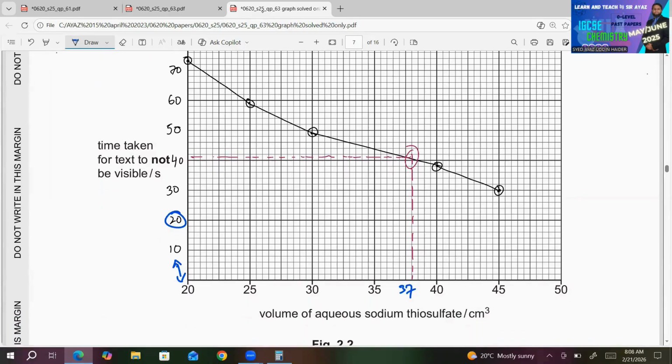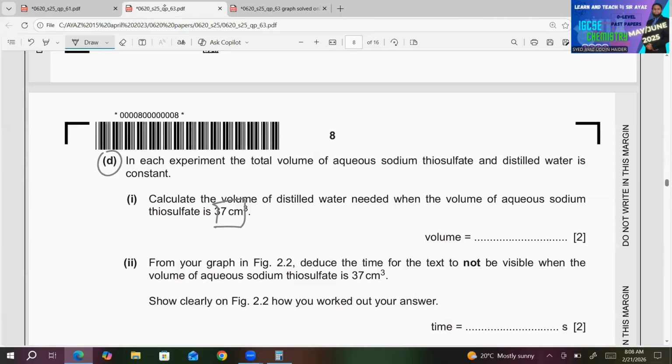They are asking for the volume of distilled water. We are getting 50 all the time. So simply subtract 37 from 50. What you will get is 13. So 13 will be the volume.